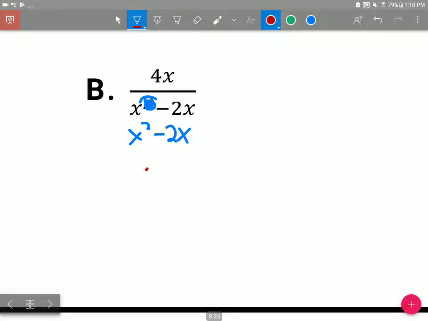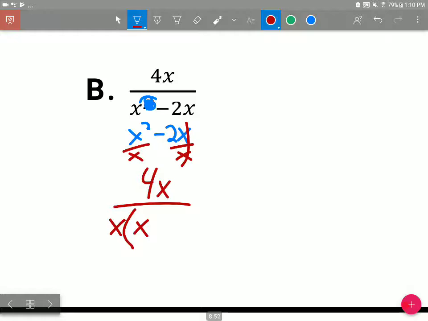So we've got 4x on top. What about the bottom? Can you divide anything out of the bottom? You can factor the x. The first one has a 1 out front, so I can't divide a number, but I can divide them both by x, right? So I'm going to stick that out front. x subtract 2. Good. x squared over x is just x.